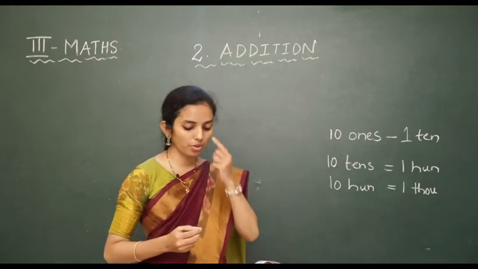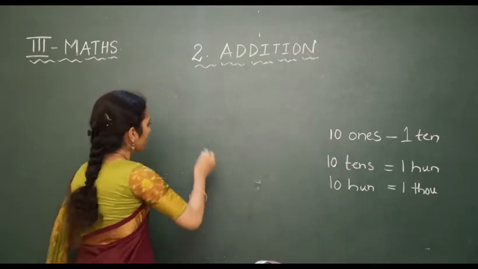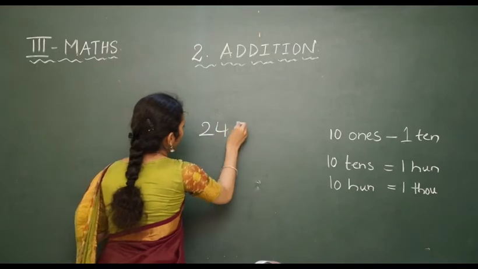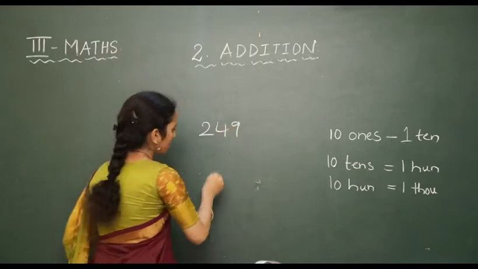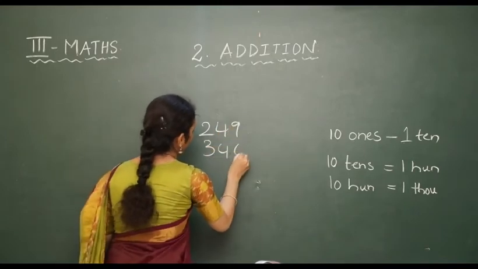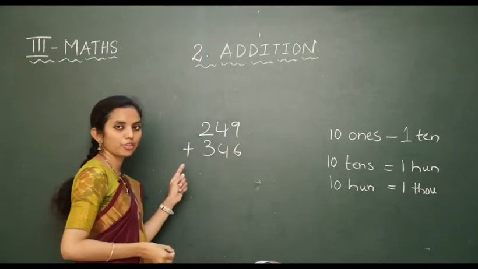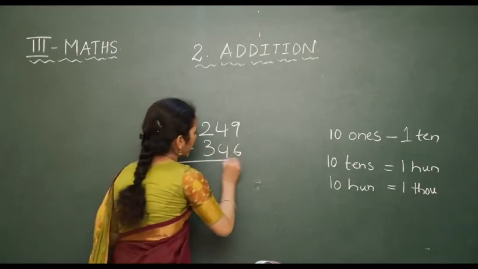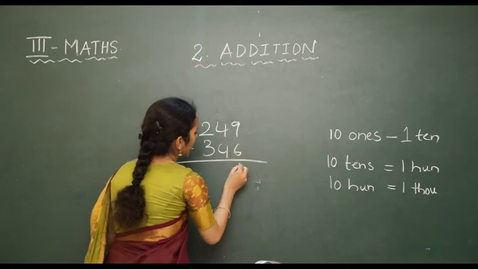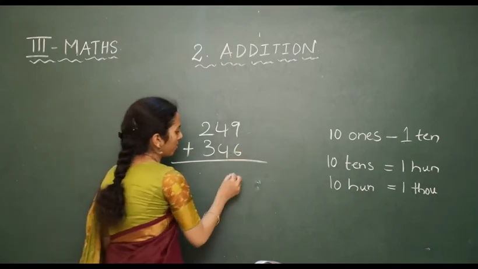So, what do we have to do? We have to do the addition. So, let us do the addition. 249 plus 346. So, always have a habit of putting the plus symbol in the addition, and 9 plus 6 is 15. So, what do we do? We do not write 15 here.